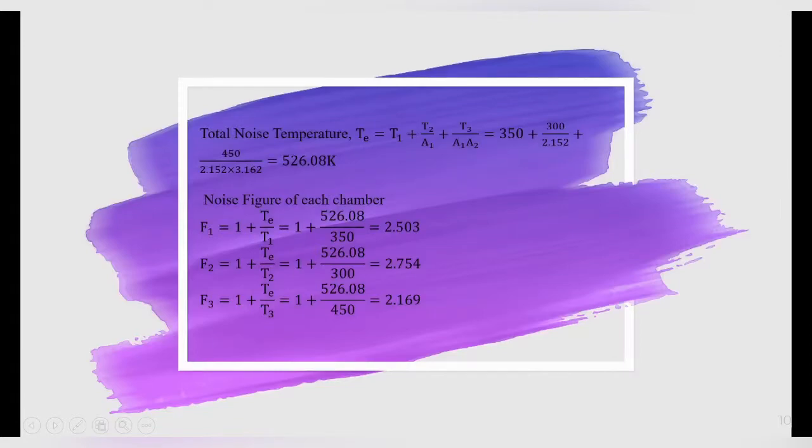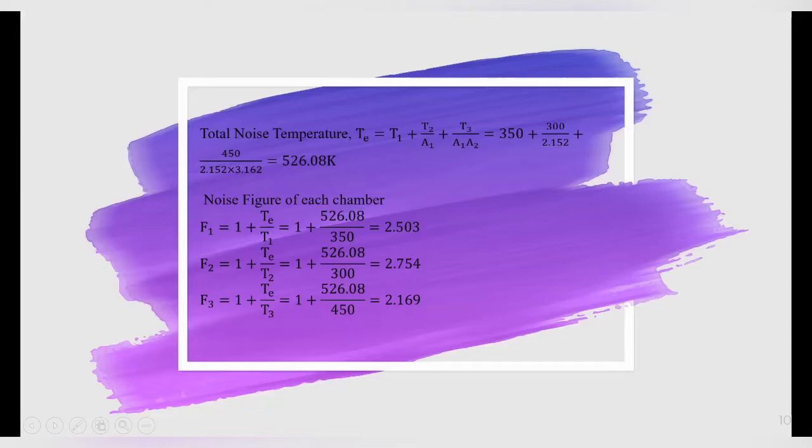By using the initial conditions, firstly we calculate the total noise temperature, which is Te equals, since we have 3 amplifiers, T1 plus T2 over gain 1 plus T3 over gain 1 gain 2.